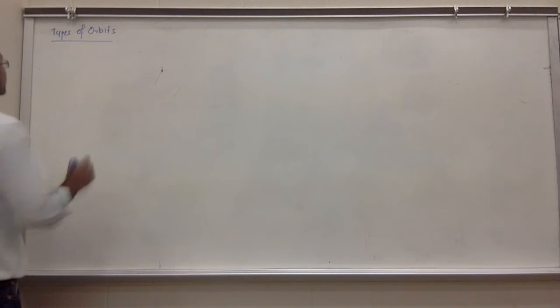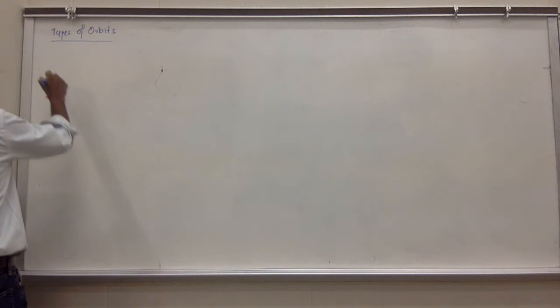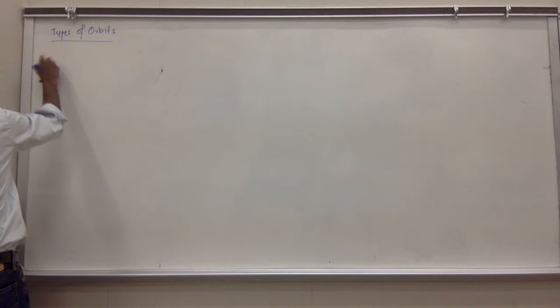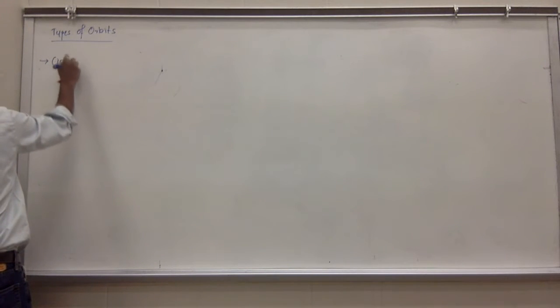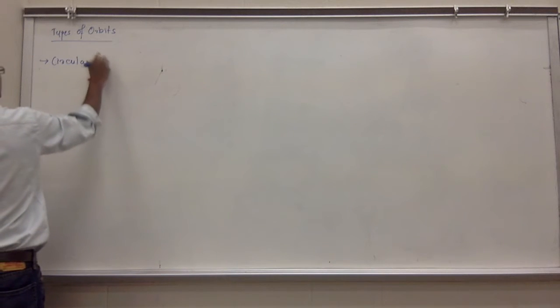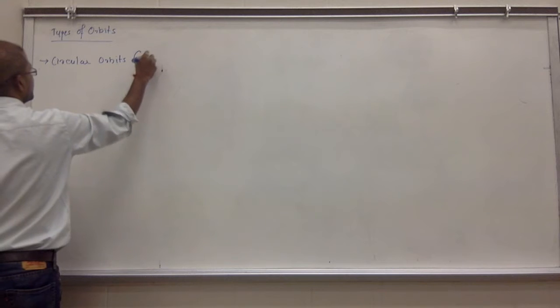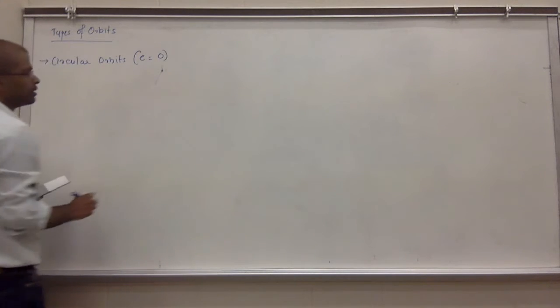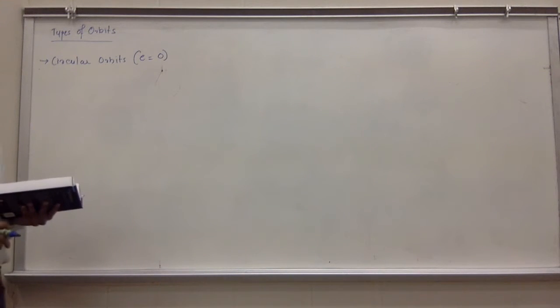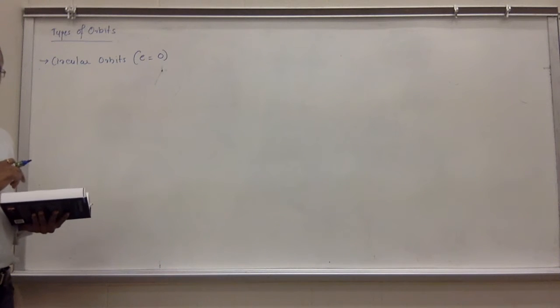So we are discussing circular orbits. The main property which makes a conic section or an orbit circular is that the eccentricity is equal to 0.